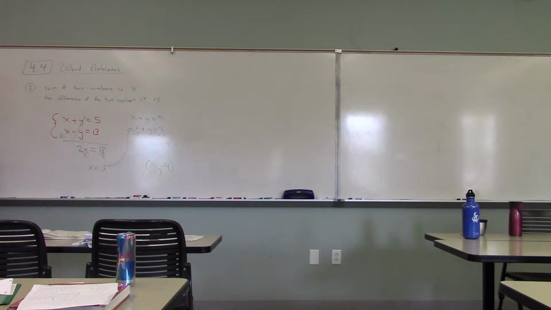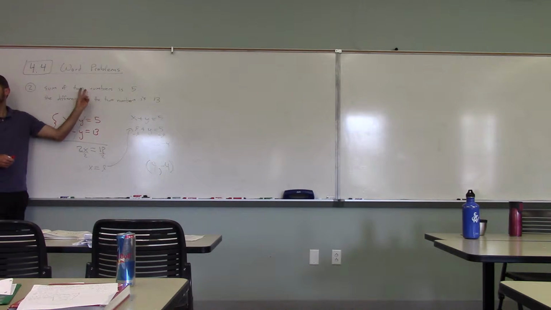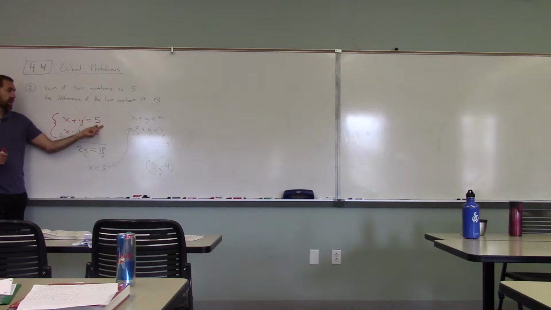You could absolutely write it as x equals and y equals. Now you may have gotten the reverse of this because it just said any two numbers, so the order didn't matter. 9 and -4 are the answers regardless of the order. We can plug it back in and check. Add those together, we do get 5. And take 9 minus -4, we do get 9 plus 4 is 13. Perfect.